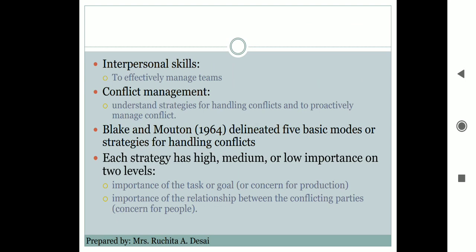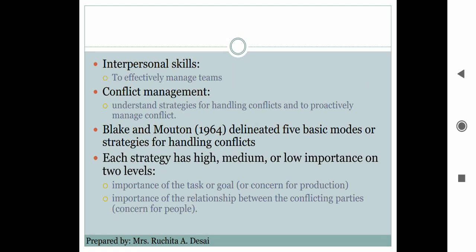There are various scenarios where we need to apply the appropriate conflict management techniques, so that we can bring the team back to the performing stage. This is the task of managing the team members: we have to manage the team back to the performing stage.